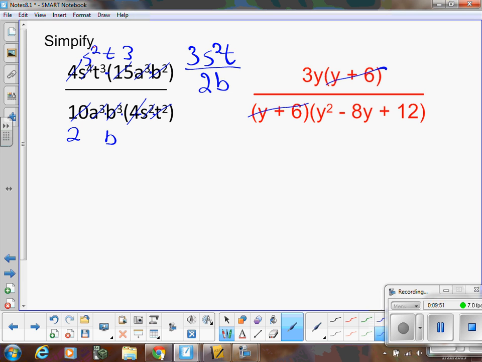Those stay grouped together unless you can factor them down. Since this doesn't factor down, and even if it did, nothing would cross off with the 3 and the y. So your answer here would just be 3y over y squared minus 8y plus 12. Okay?